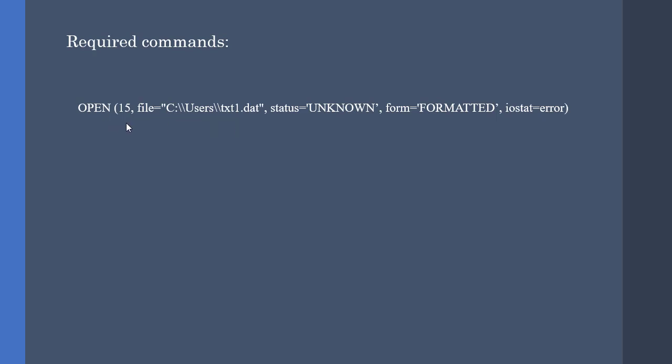From here on, I'm going to refer to this file as number 15. And we are going to use status unknown, which indicates whether the file already exists in the directory or not. ABAQUS uses the unknown keyword for better performance. And we are going to use the formatted form.